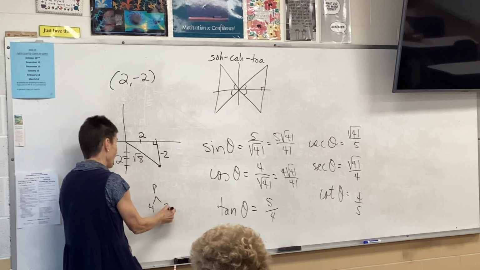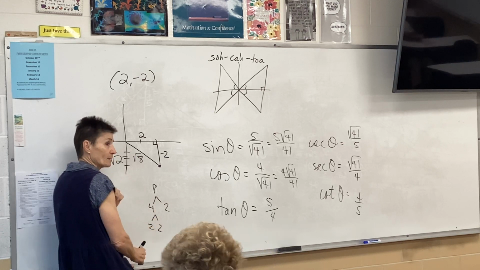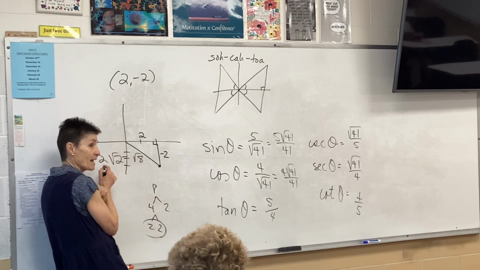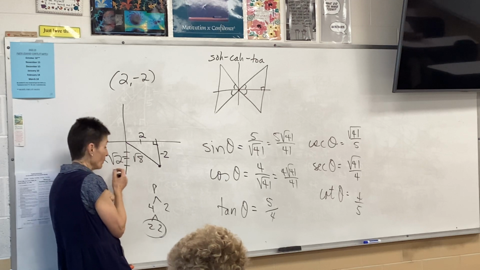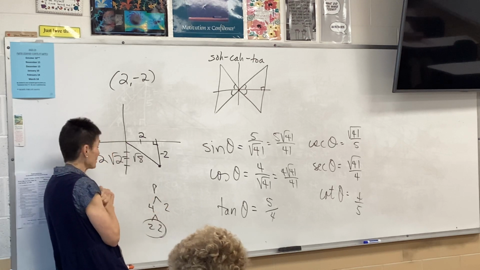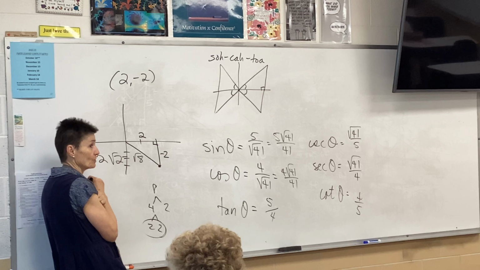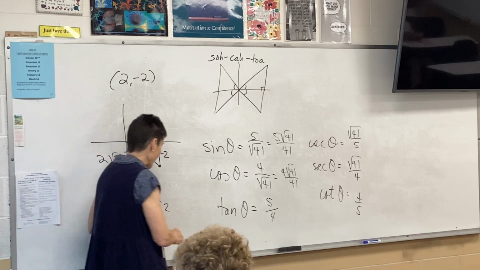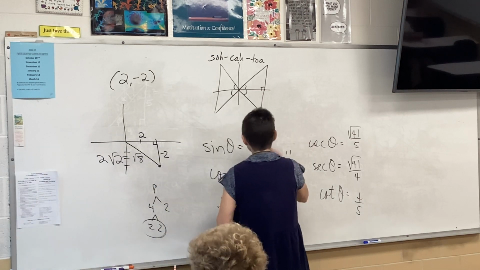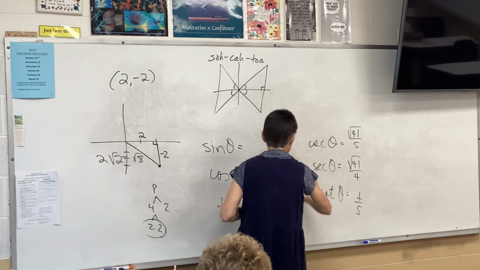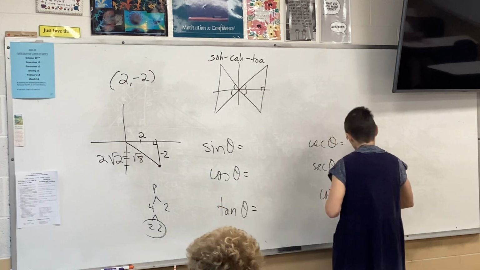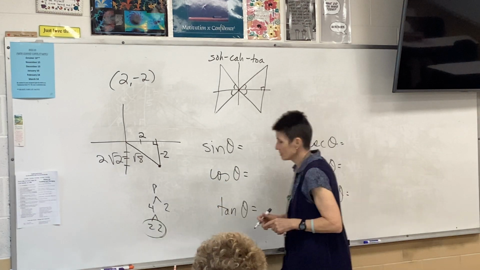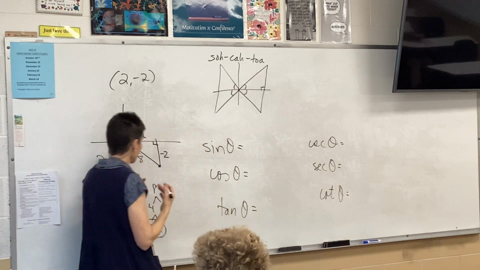We haven't done it for a while, but remember when you do this, whatever you have 2 of comes out? Whatever you don't have 2 of stays in. So 2 comes out, 2 radical 2. Now that isn't going to change the trigonometry, but it's going to make my simplifying a little bit tricky.